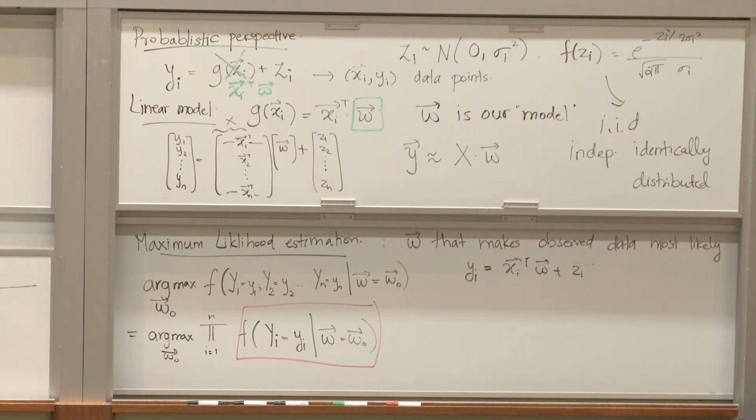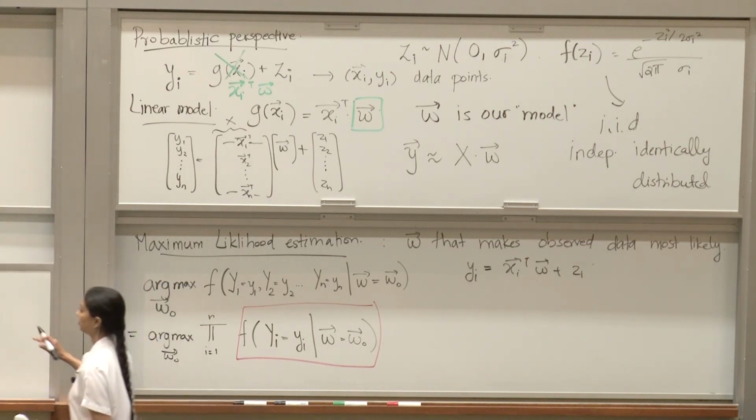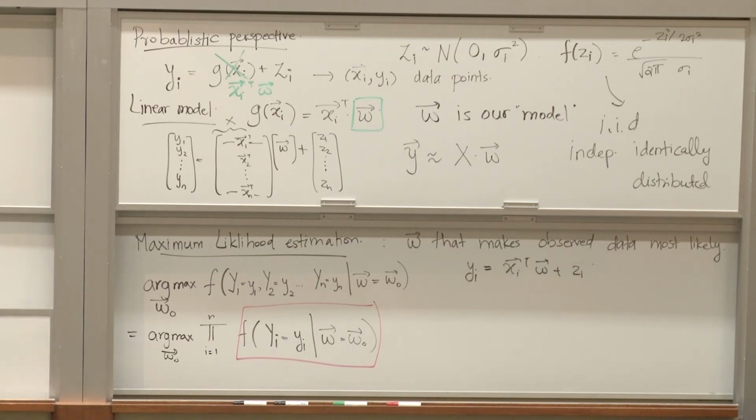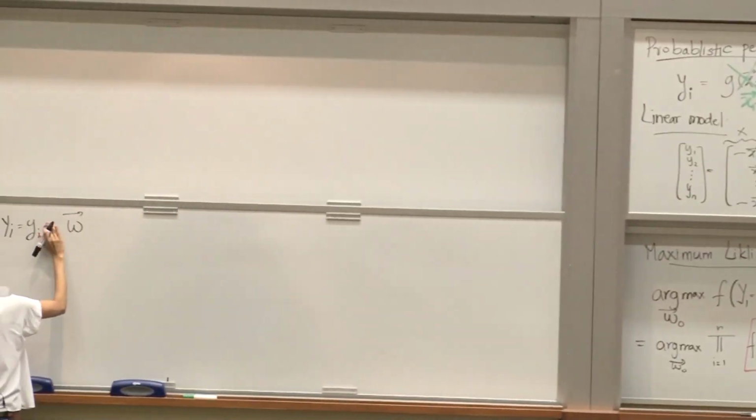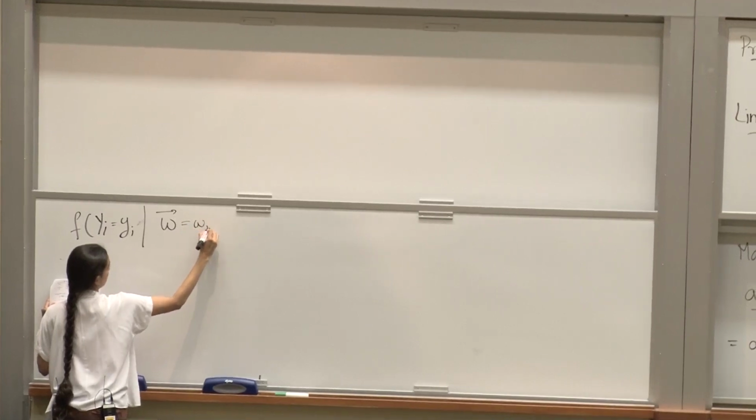Why don't you start working that out while I'm erasing the board? So how am I going to compute this f of yi equal to yi, conditioned on w equal to w naught?